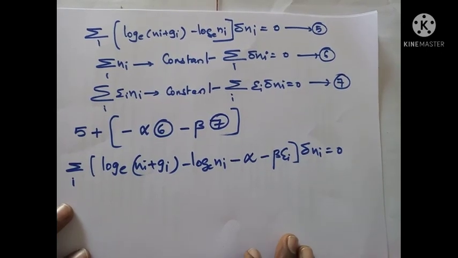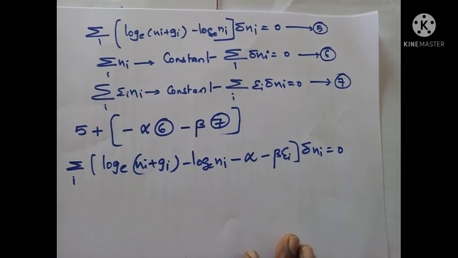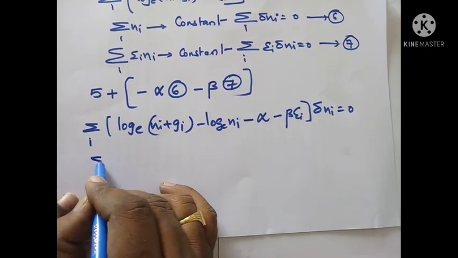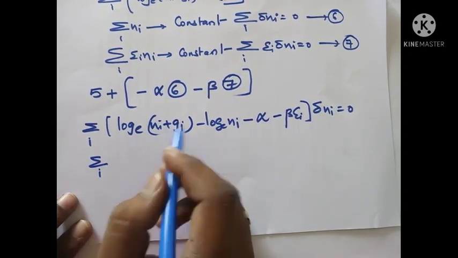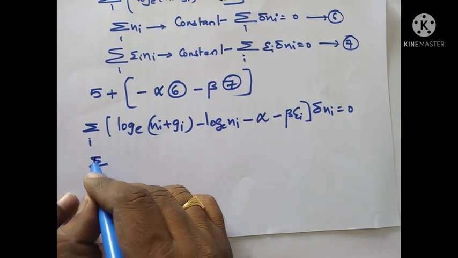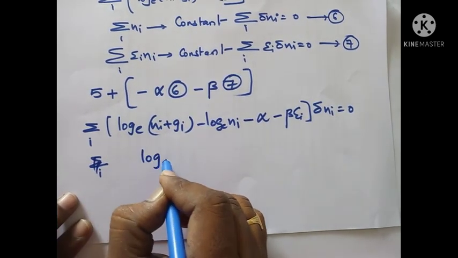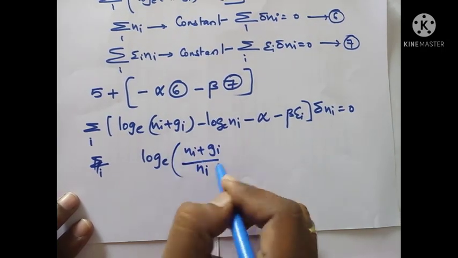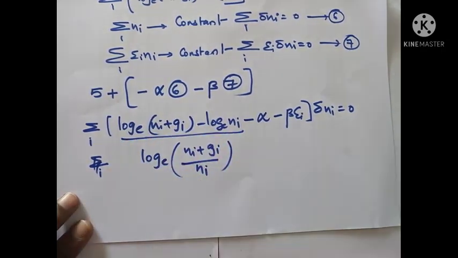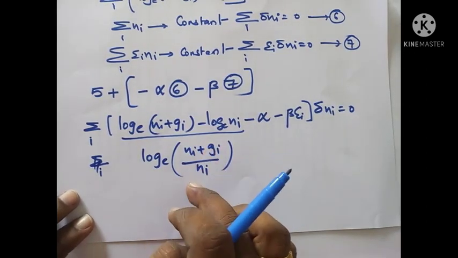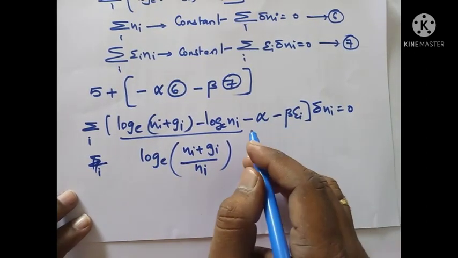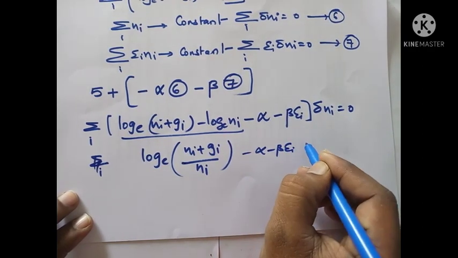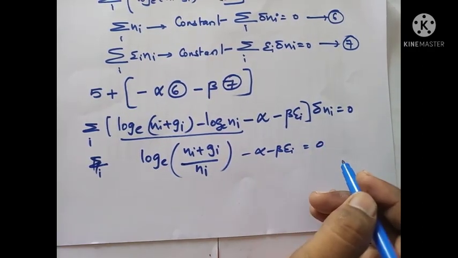All right, now see what I'm doing, I'm writing this one as summation over i under ∂ni, and finally we'll write this one like this: log e (ni plus gi) by ni, we know very well these two steps can be written like this, and minus alpha minus beta ei, okay, equal to 0.